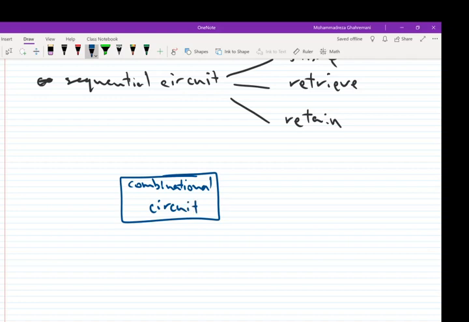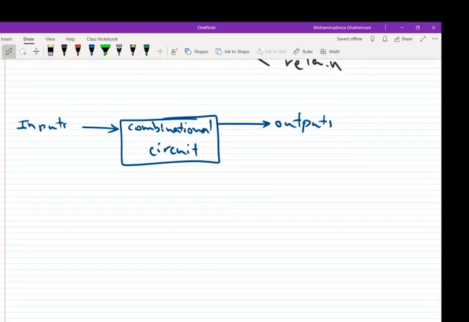We have inputs, we have outputs. Okay, so far what we see is exactly like a combinational circuit. We have like a bunch of different gates, inputs and outputs. But in order to have a sequential circuit, we need to add another part to this circuit. We add something called memory element.